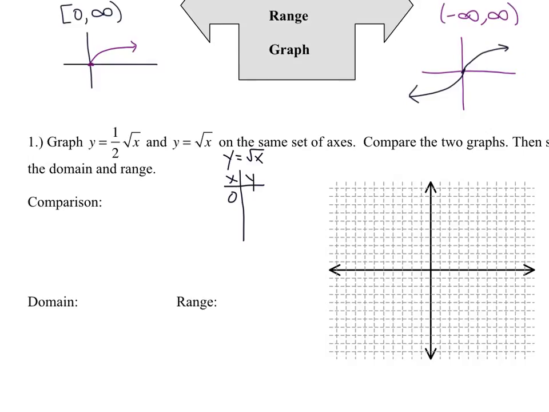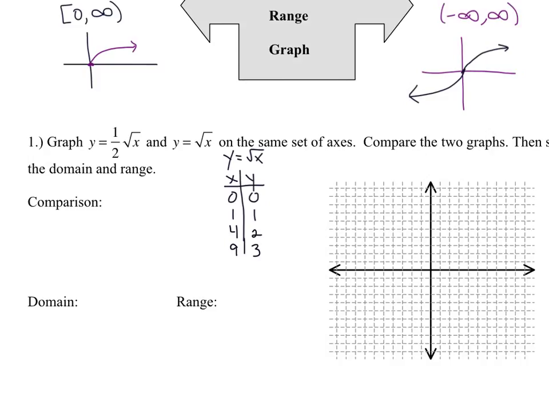The square root of 0 is 0. I'll choose 1. The square root of 1 is 1. And when I'm choosing these values, I'm going to choose values that are perfect squares so that I can take the square root of them. So the next one would be 4. The square root of 4 is 2. And then the last one I'll choose is 9. And the square root of 9 is 3.